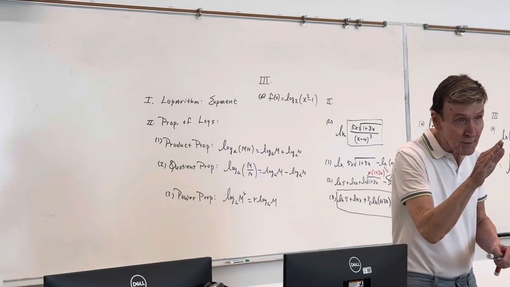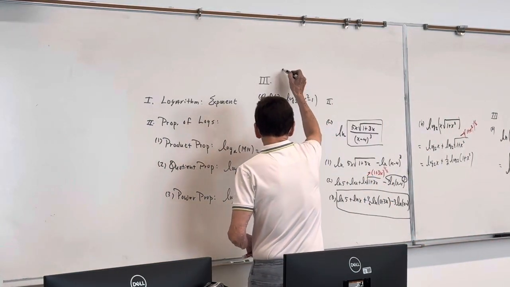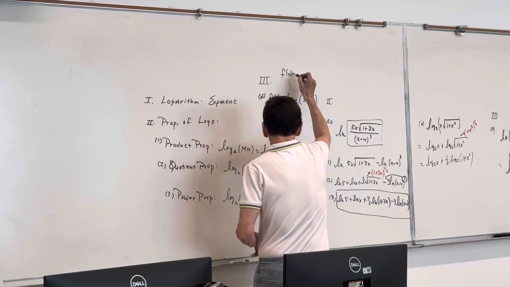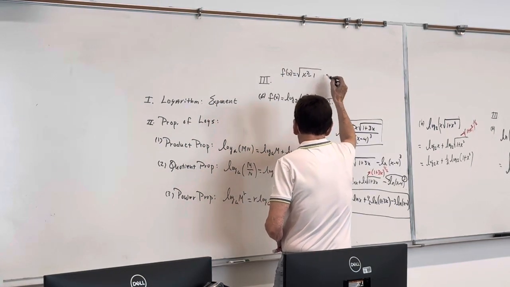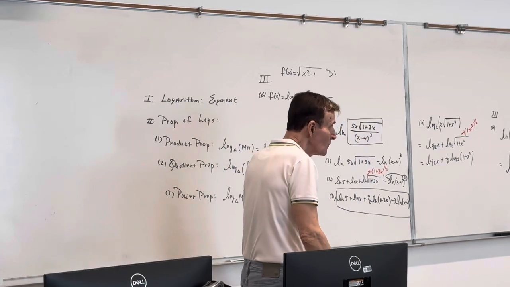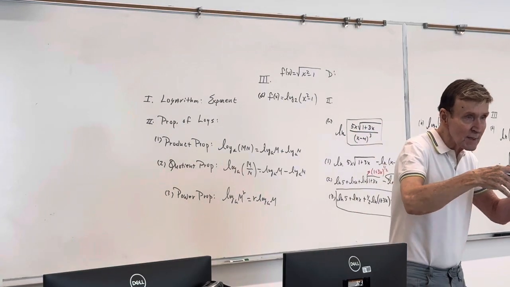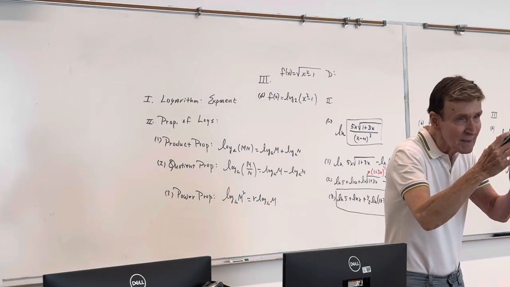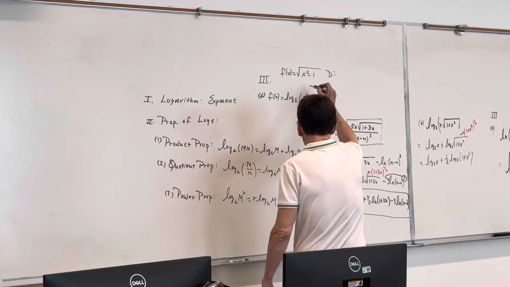Now, a reminder from the past, if that function had looked like this, and you were asked to find the domain, what would you do? Who remembers how to find the domain if it had a square root on it? Aiden? Just say, x squared minus 1 is greater than or equal to 0.